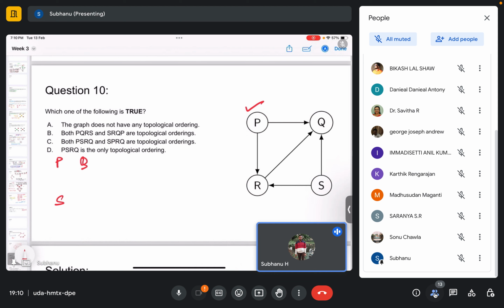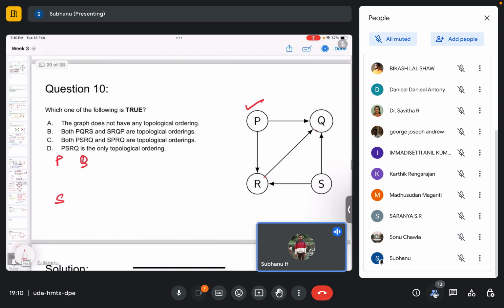R has an incoming edge from P, and it also has an outgoing edge to Q. So after Q you can write this one. If you write PQ, this is not possible, because you must write R here. So this is not possible.